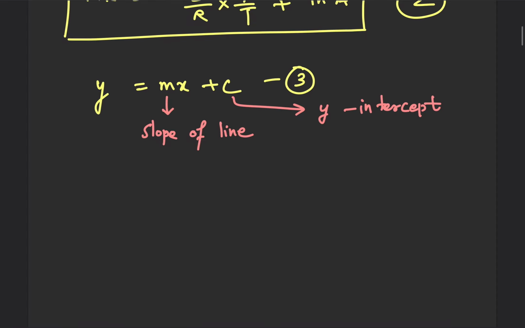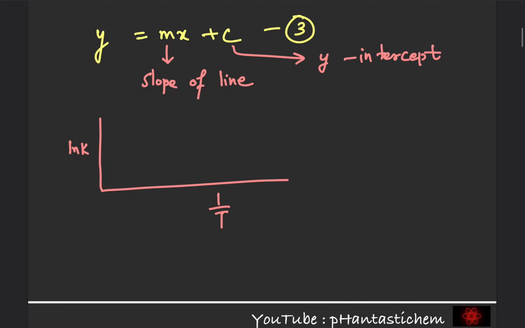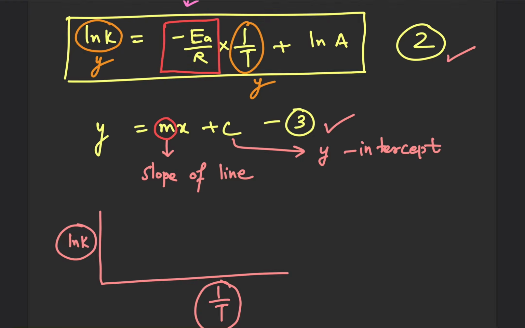In the graph that they have given, on the y-axis they have taken ln k and on the x-axis 1 by T. Comparing equations 2 and 3, the slope of the graph, m, is minus EA by R. Can you see the negative sign?